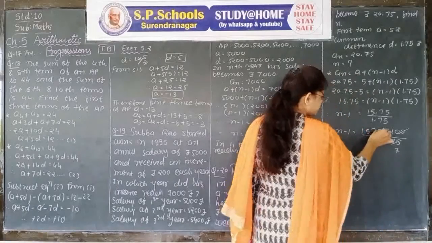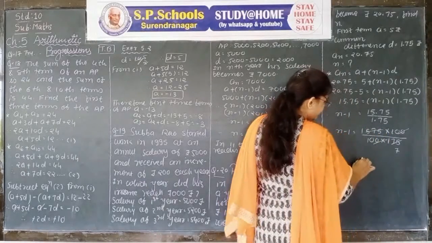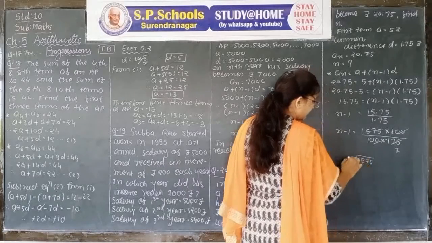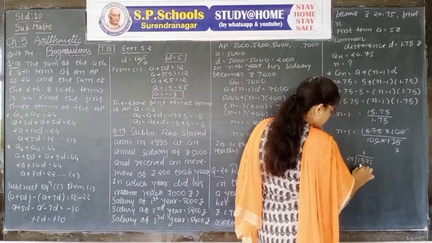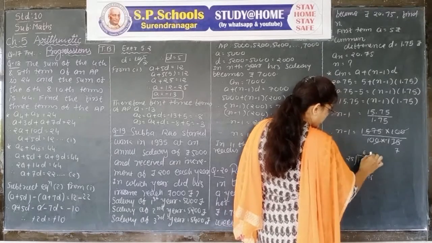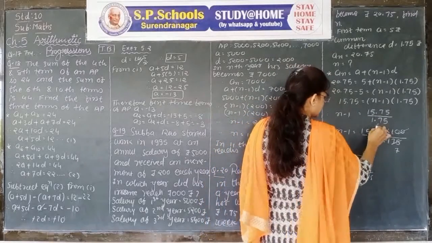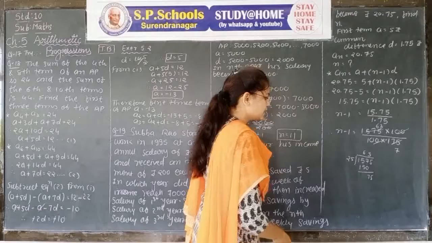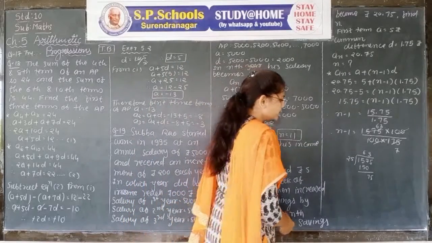25 sevens are 175, and here 1575 divided by 25. 6 are 150 and 3s are 63. 63 into 25 gives us 1575.